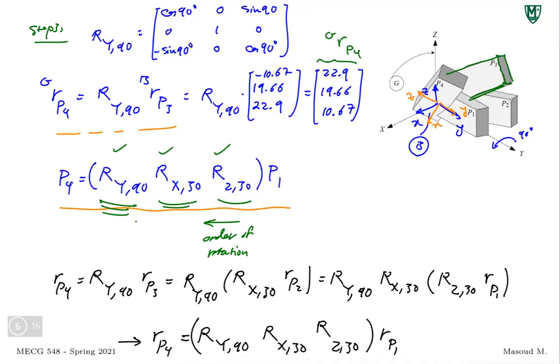So instead of doing it step by step, you can just, by knowing where the P1 is at the beginning of the motion and knowing all the rotations the rigid body has to go through, multiply those and find the final R. These three 3 by 3 matrices, if you do the multiplication, give you a 3 by 3 matrix, R. And at the end, you just take that R, multiply the position of the point at the beginning, and you'll get the position of the point at the end.